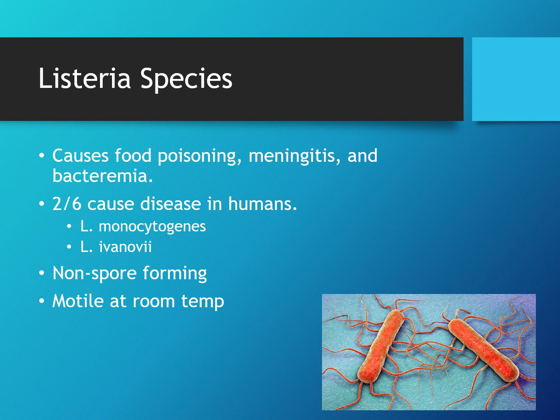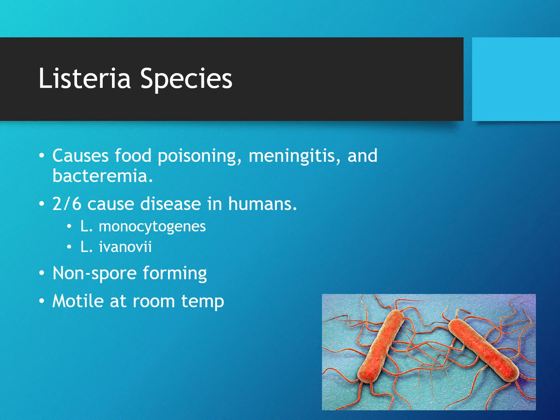There are 6 different species of Listeria that have been identified, but only 2 of those cause disease in humans, and those are L. monocytogenes and L. ivanovii. And they don't form a spore. They are motile at room temperature, so they have flagella, and they can take up residence in domesticated animals, birds, and humans, and use them as their reservoirs.